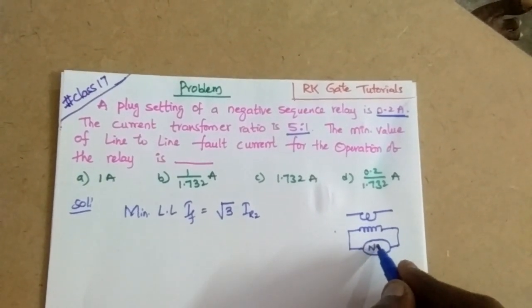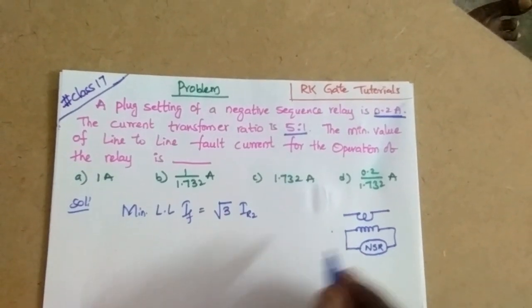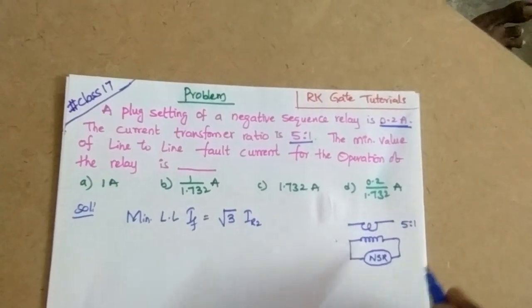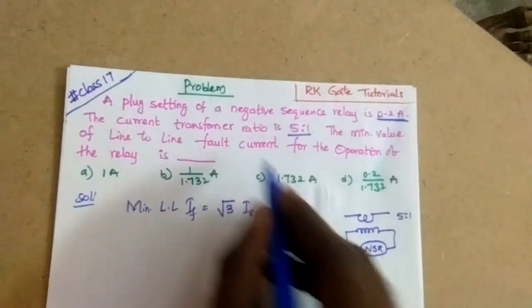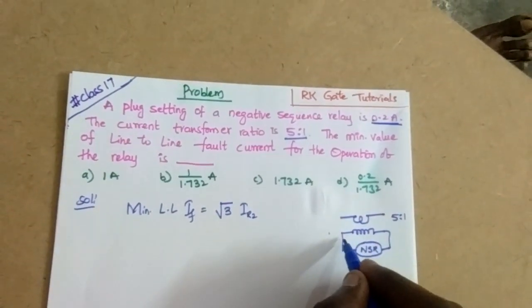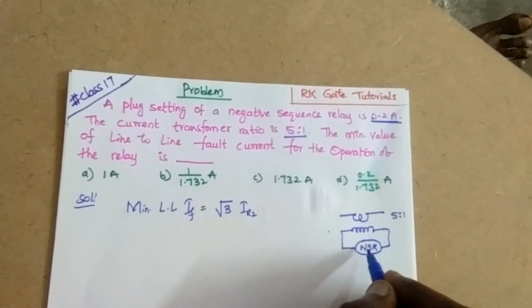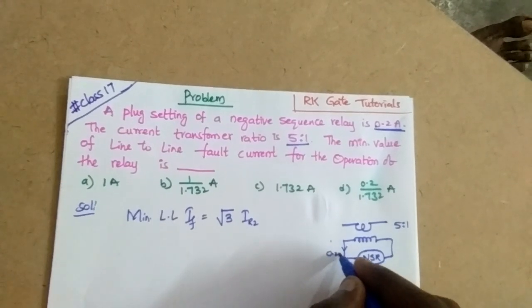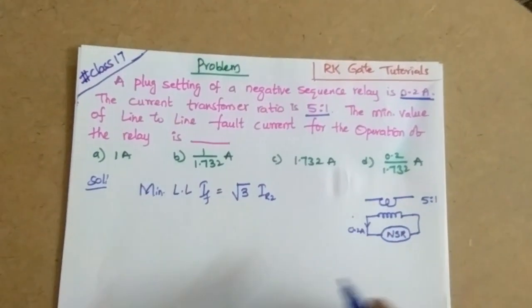Total setup, negative sequence relay, let us say. So it is given the CT ratio is 5:1, and he has given the plug setting. Plug setting is nothing but the current which is flowing to the negative sequence relay, that is 0.2 amps.